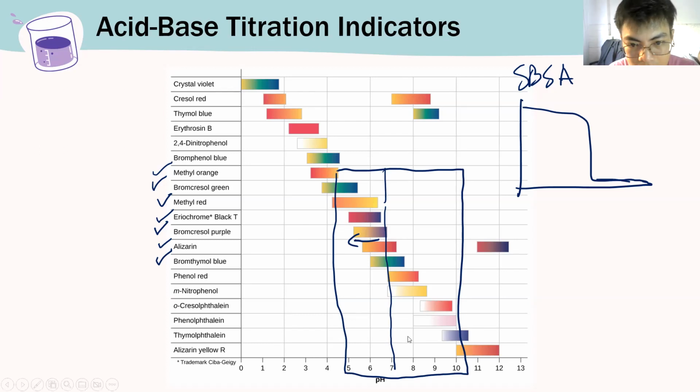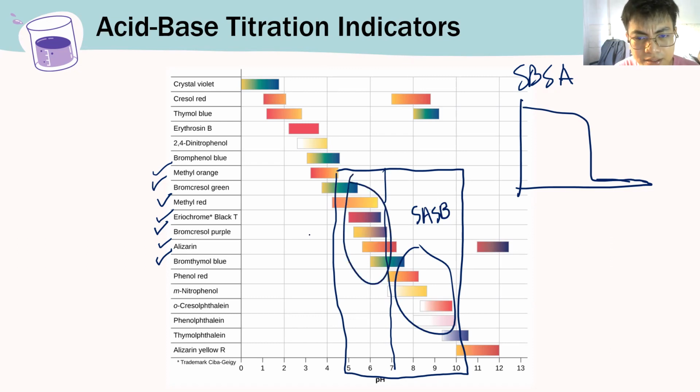So again, these indicators are applicable for strong acid, strong base titration. Your analyte is an acid, base is the titrant. Pero these things here, yan ay pwede sa strong base, strong acid titration. So ganun lang yung idea dyan.